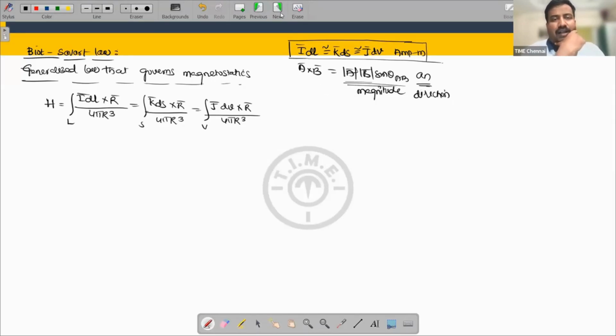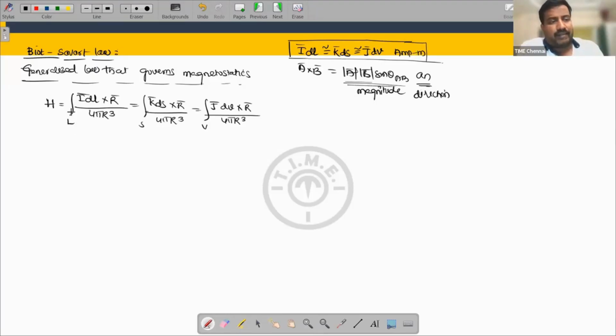From this, it is very clear that for any cross product, the direction of the resultant is always perpendicular to both the vectors involved in the cross product.